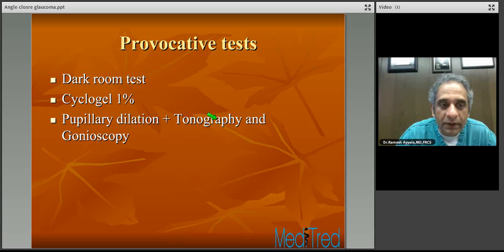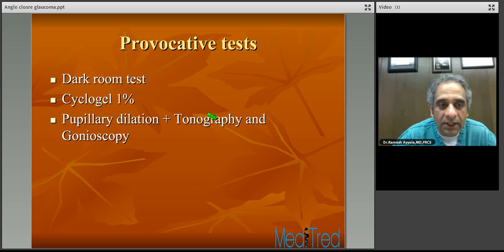Some of the provocative tests that you may want to be familiar with: the dark room test, meaning that the patient is locked up in a dark room for half an hour or so, and as you know, in the dark the pupil dilates, and the mid-dilated pupil is likely to develop an angle closure glaucoma attack.